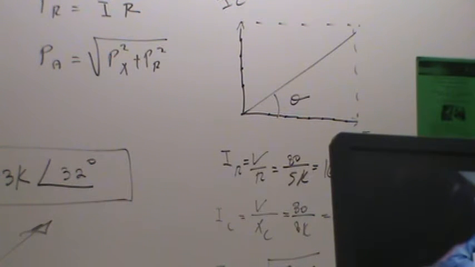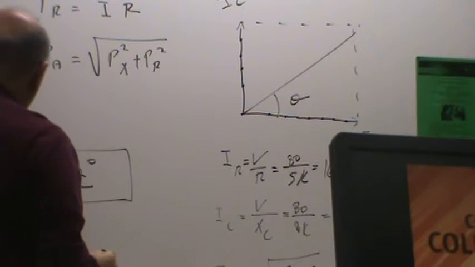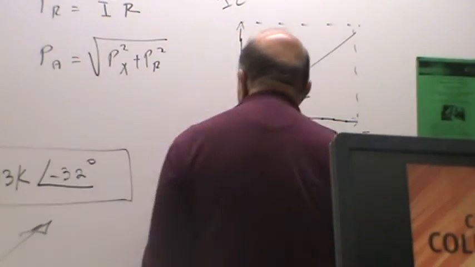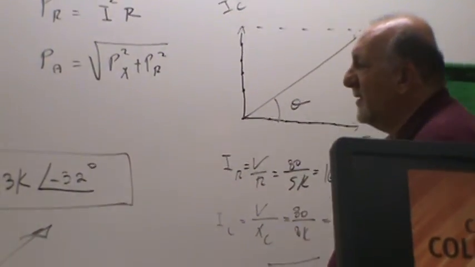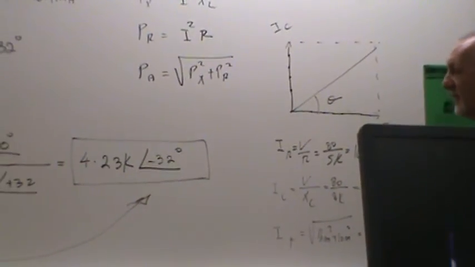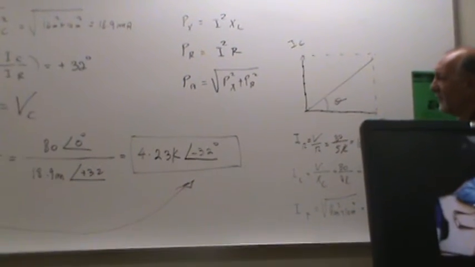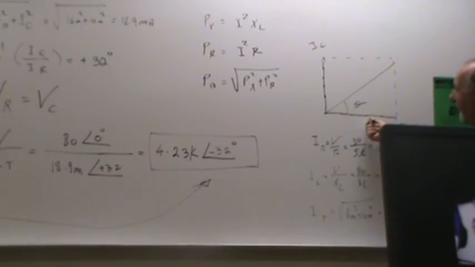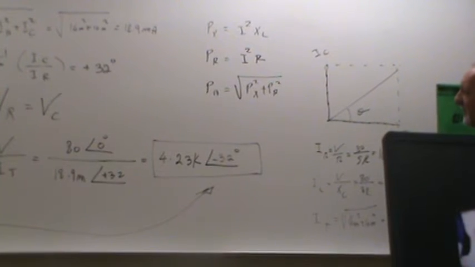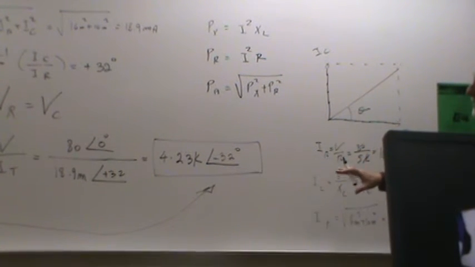And over here, we had plus, so this angle would be negative. And that would be for Z. But the angle of the current would be positive, as far as the current is concerned. Everything else is the same.